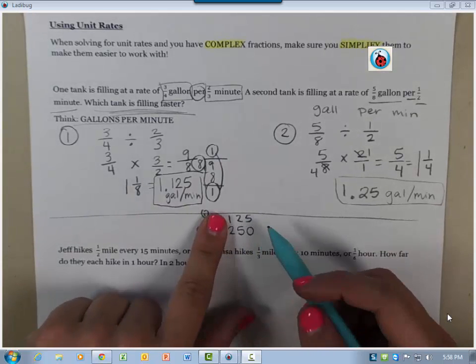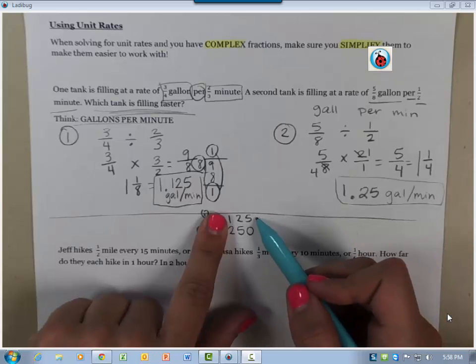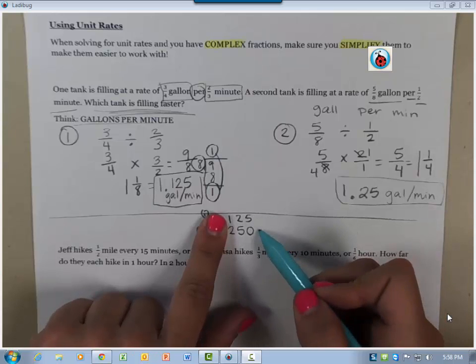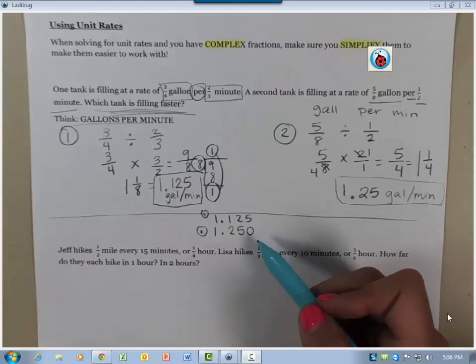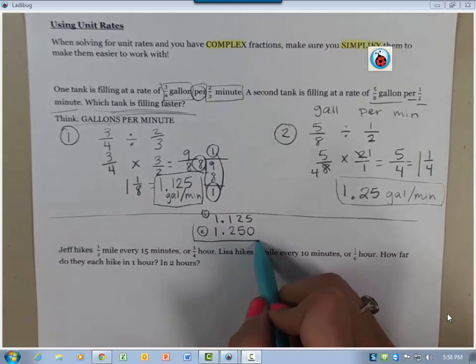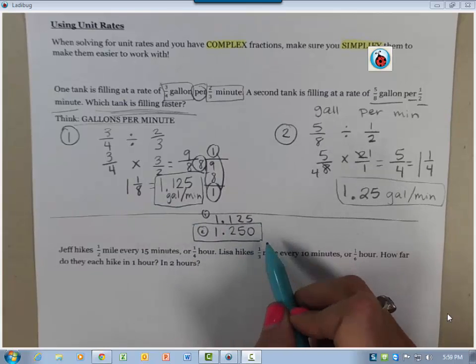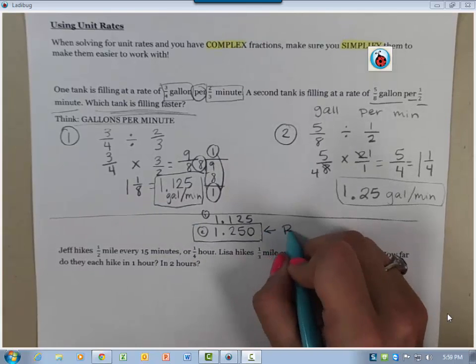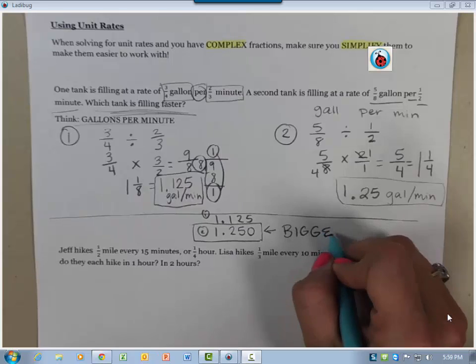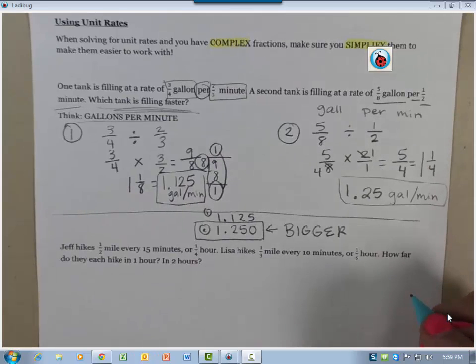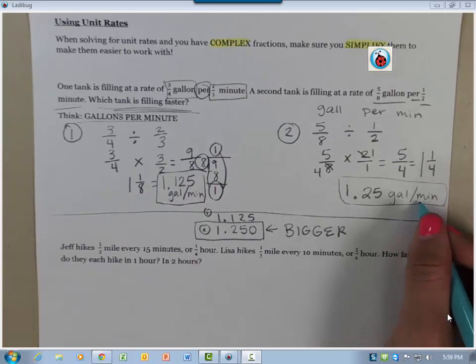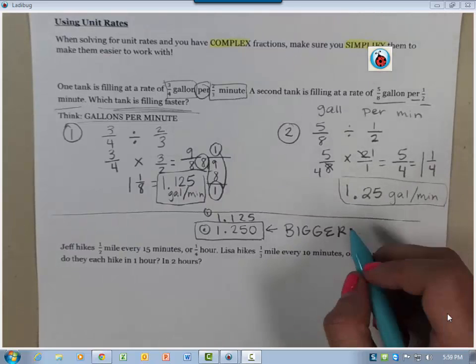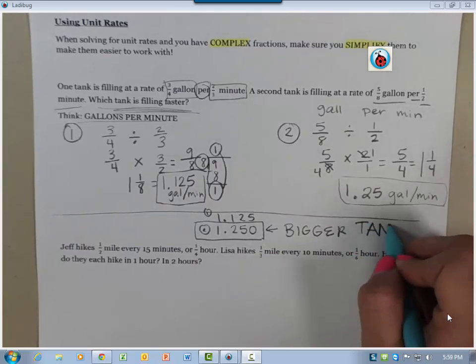Do you have more money if you're talking about $125 or $250? Yeah, you have more money if you're talking about $250. So this is going at a faster rate because it's bigger. It can fill up more space in a shorter amount of time, more gallons per minute, okay? So tank 2 is your answer.